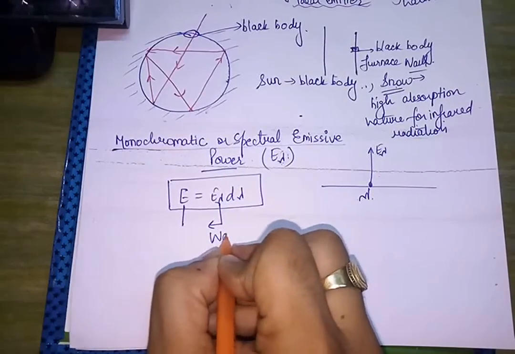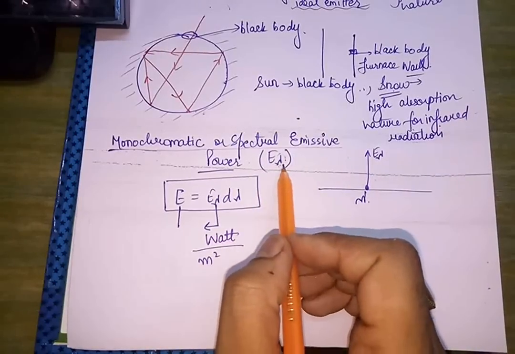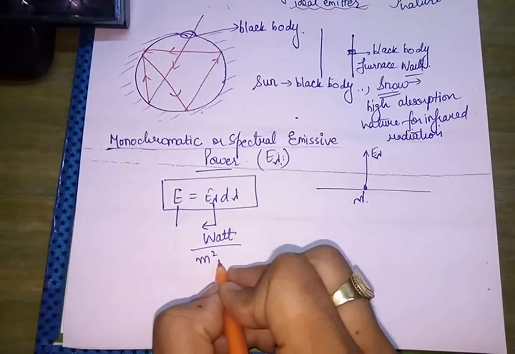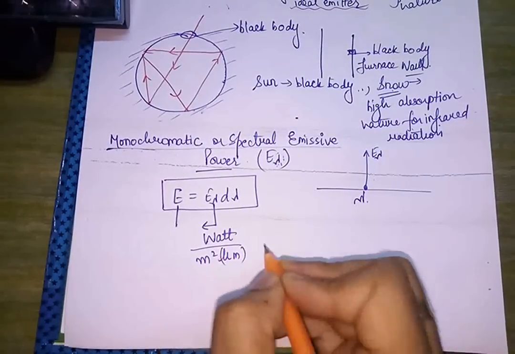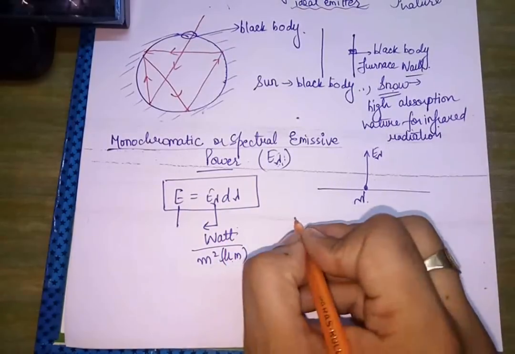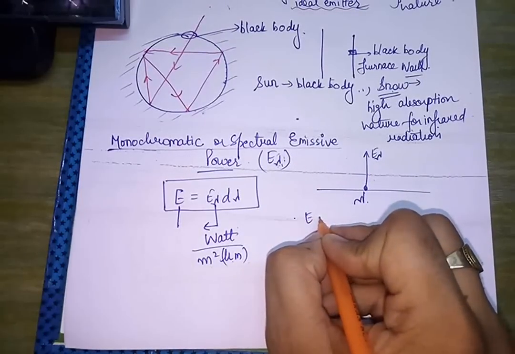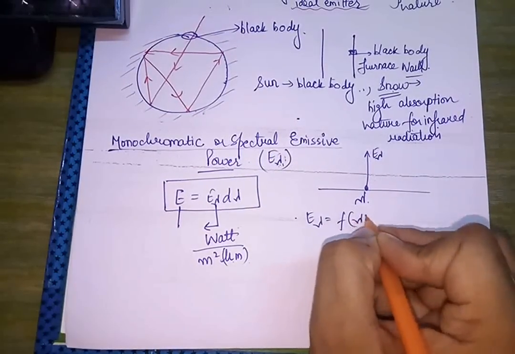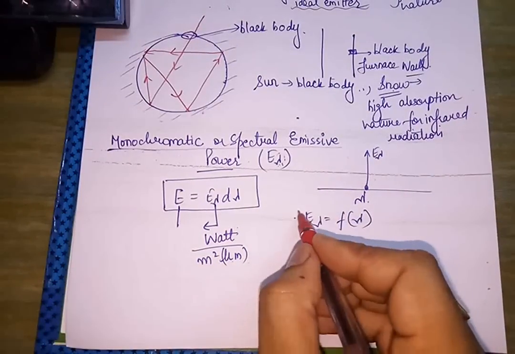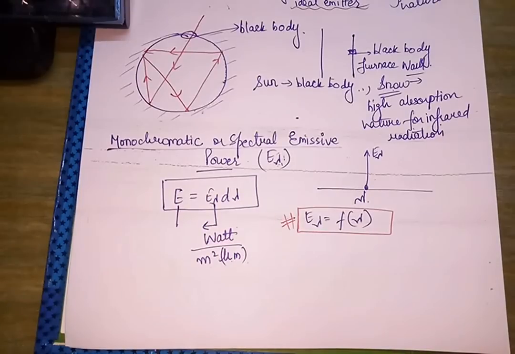The unit would be watt per meter squared, of course. And because it is for a particular wavelength, we will write per micrometer: watts per meter squared per micrometer. Okay, and for any body at a given temperature, E lambda is a function of lambda, and it is also a function of temperature.